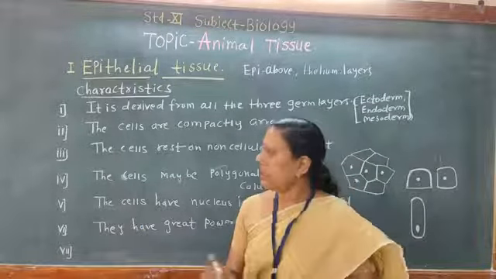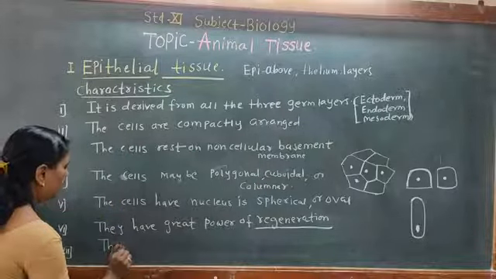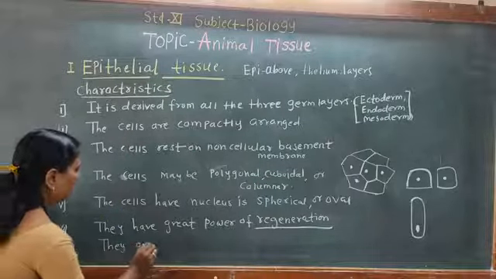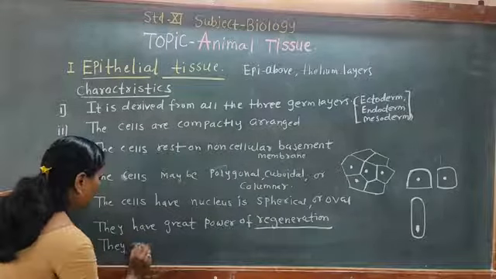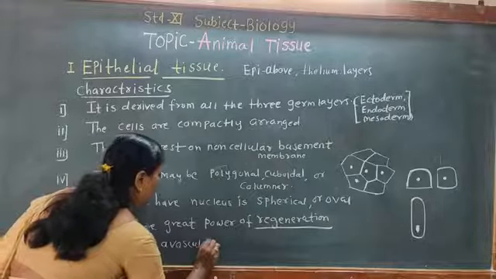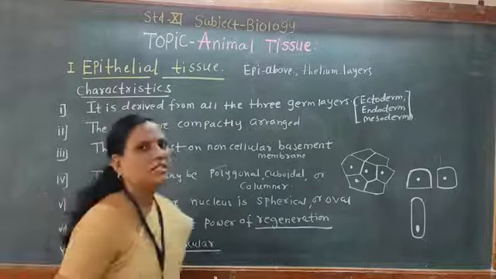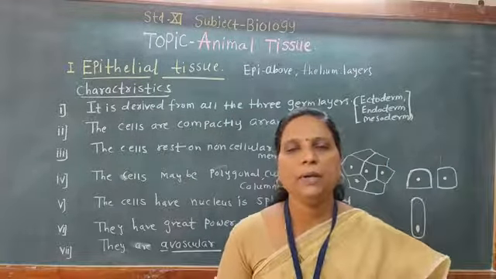And the last characteristic: they are avascular. The epithelium is an avascular tissue. What is the meaning of avascular? Without vascular, that is, without blood supply. They are not supplied with blood capillaries.